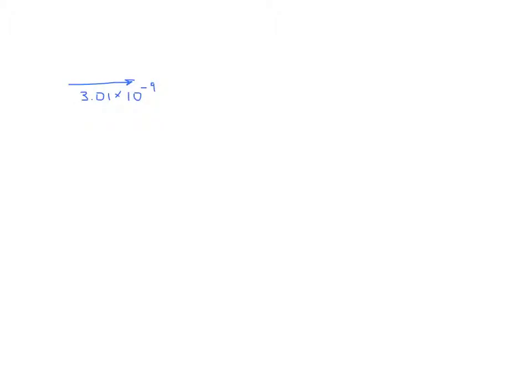Our net force in the y direction is a positive 6.48 times 10 to the negative 9. And what we're trying to do is solve for the hypotenuse, the resultant of these two values. So, we simply do the Pythagorean theorem of these two values.